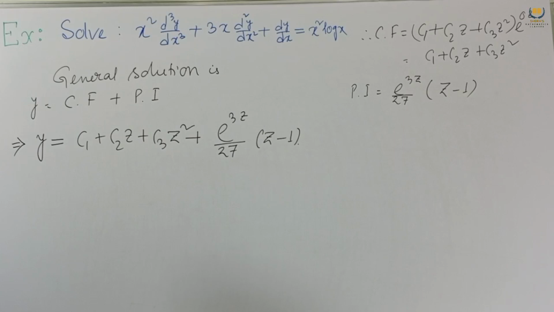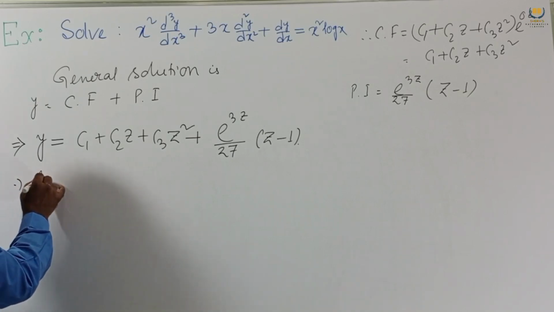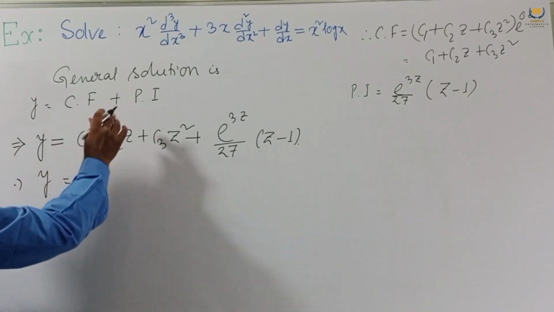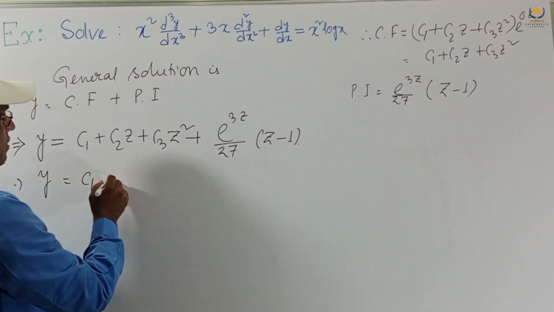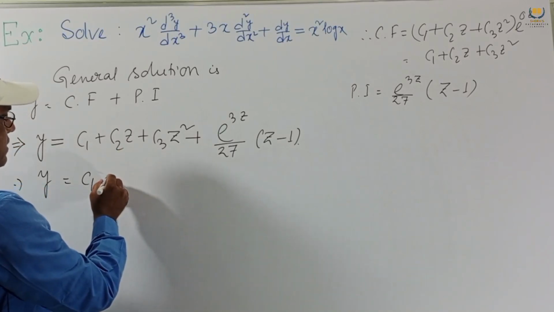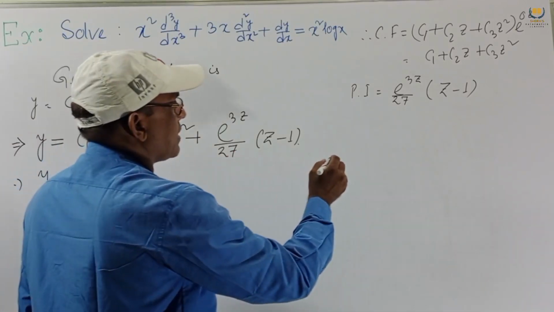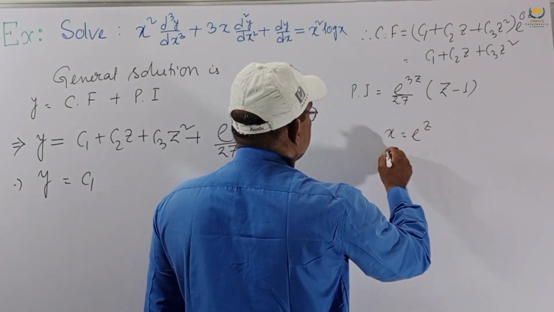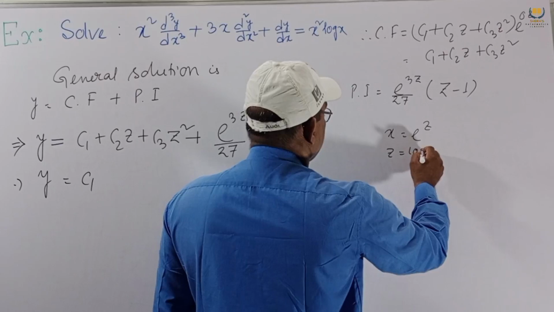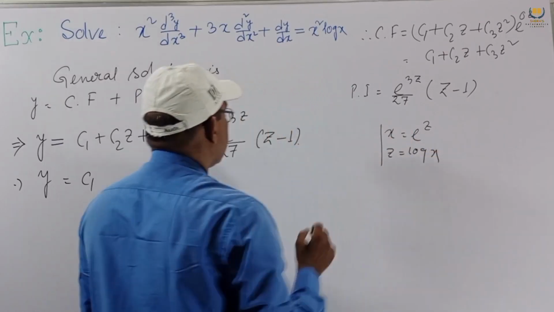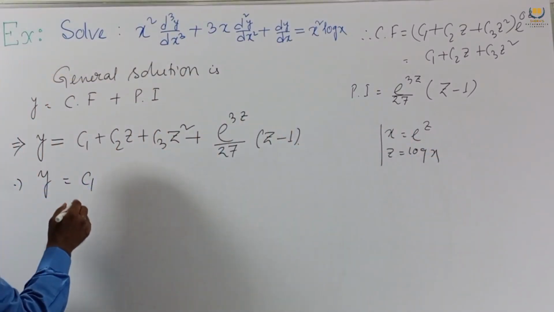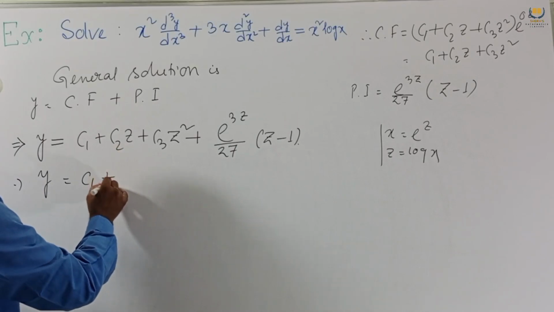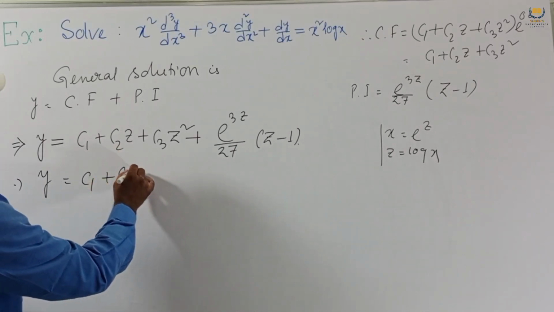Now putting the value of z: initially we considered x equal to e to the power z, and z means log x. So c2, z means log x.